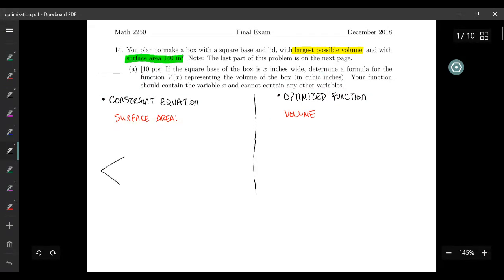We have a rectangular box with a square base. So that means that the length and the width are x, and then the height is equal to h.